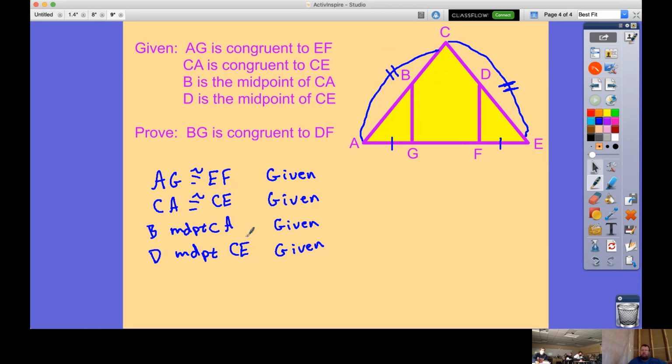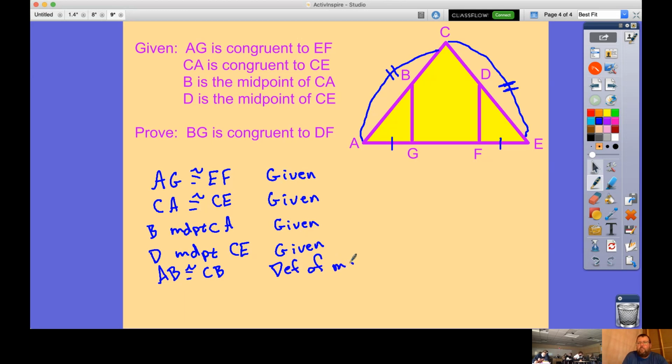What does that tell us? A and D are equal. Yeah, I think I heard you right. We know that AB is going to be congruent to CB. And how? Well, that's just like a definition of a midpoint.